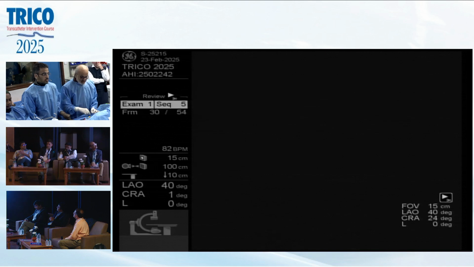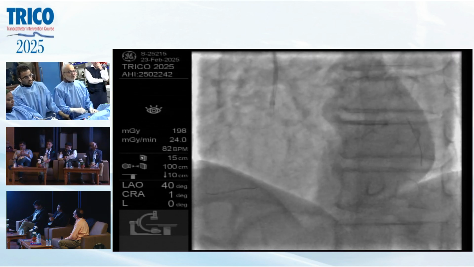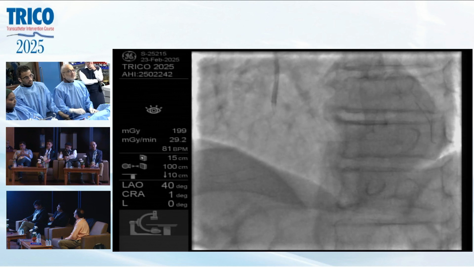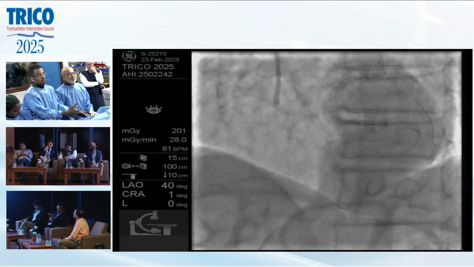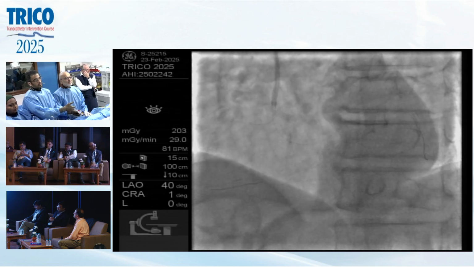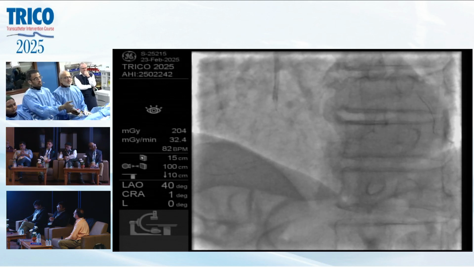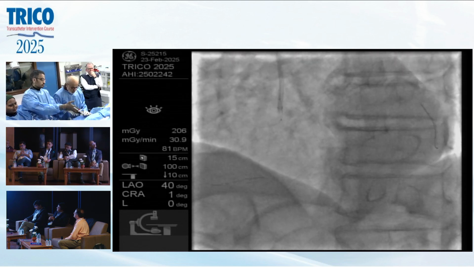Had I been all alone doing the case, I would not even care for that. What I meant was, now that you already have cannulated, if you no longer need the RCA wire, the angle of the guiding catheter will be better. This is what I am trying to show.